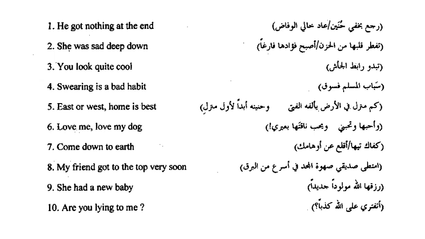Also number 9, for example, she had a new baby is translated into رزقها الله مولودا جديدا, although in the source text in English there isn't actually this religious aspect of giving birth to a baby. However, when the translator translated this into Arabic, they chose to add this because it suits the culture of the target language.